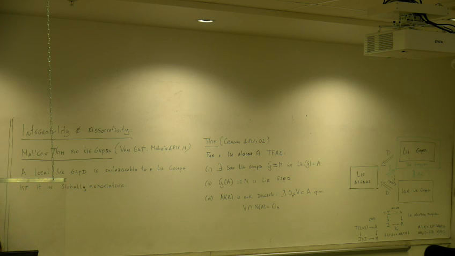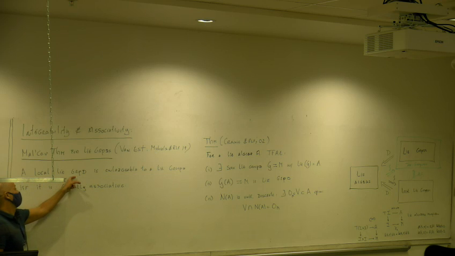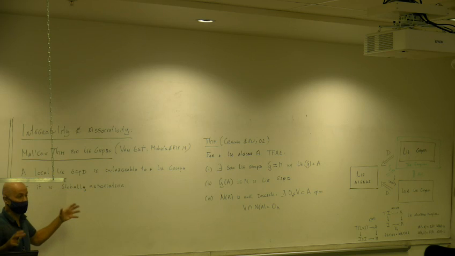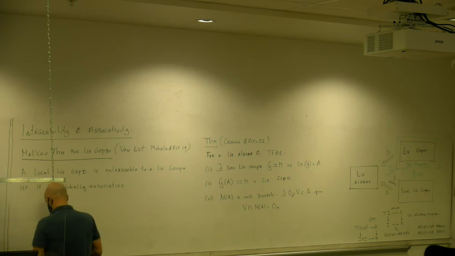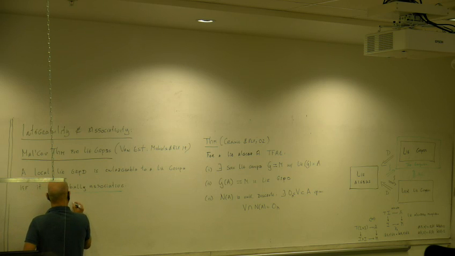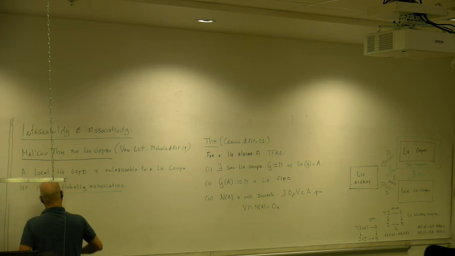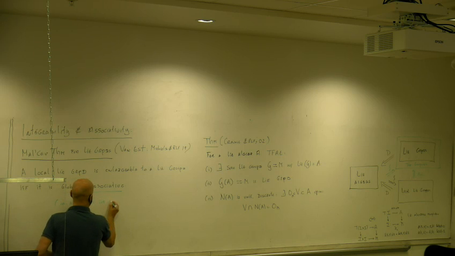so what do I mean here by enlargeable? Well, what I mean is that a local Lie groupoid can be viewed as a neighborhood of the units in some Lie groupoid if and only if associativity holds for every n. That's what this means here. So n associativity holds for all n.